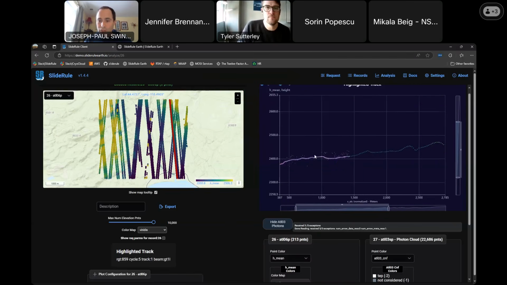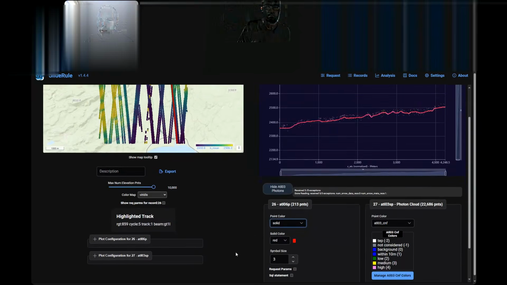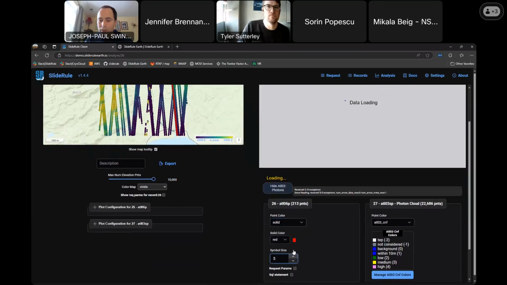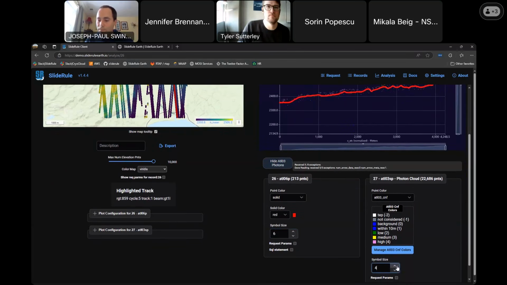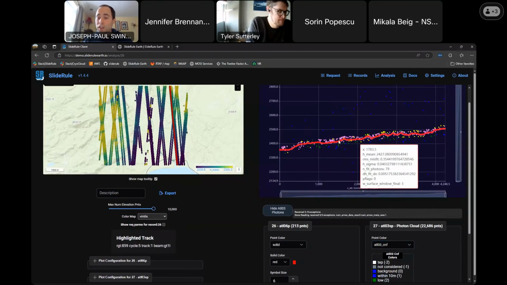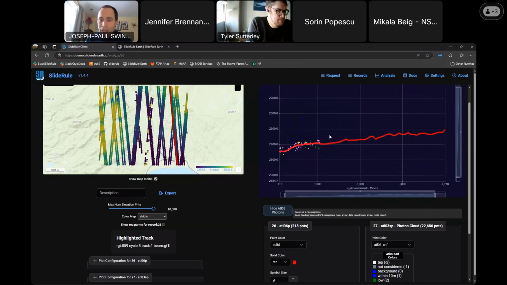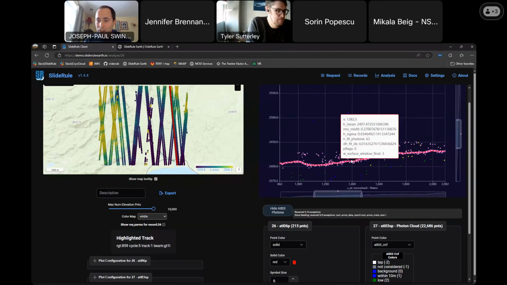So you can zoom in and make it a little bit bigger. Here, this is using the ATL03 confidence level to classify the photons, and the red is where the surface fitting algorithm fit the surface. And you can see how that's performing. It's locking onto the high confidence photons.